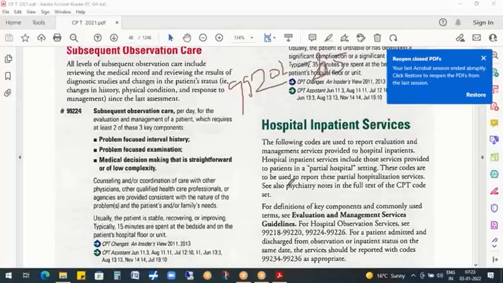Next, third one, emergency department or emergency room.